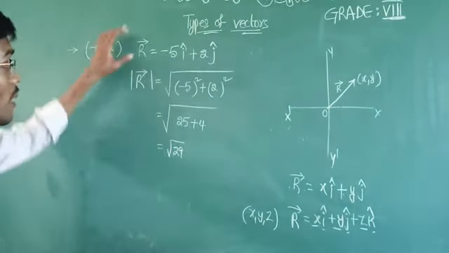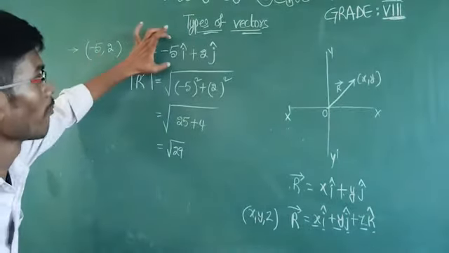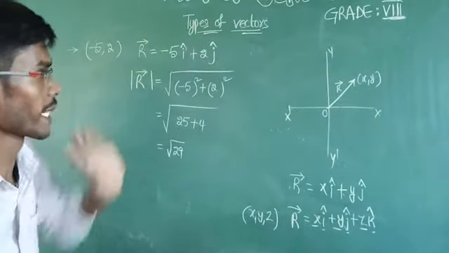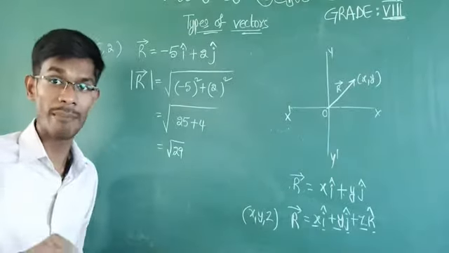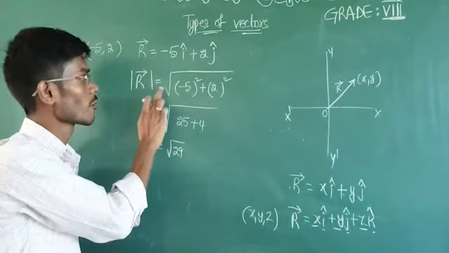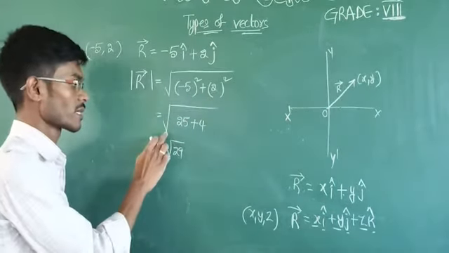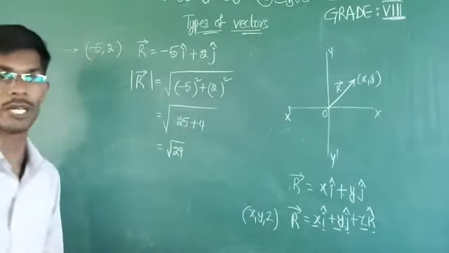So the vector representation for the point -5 comma 2 is -5 i cap plus 2 j cap. The magnitude of this given vector, modulus of r bar, is root over (-5) whole square plus 2 square, that is 25 plus 4, that is 29.